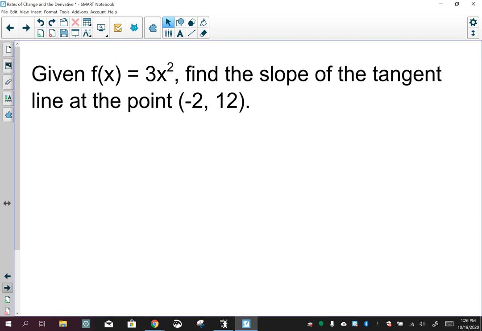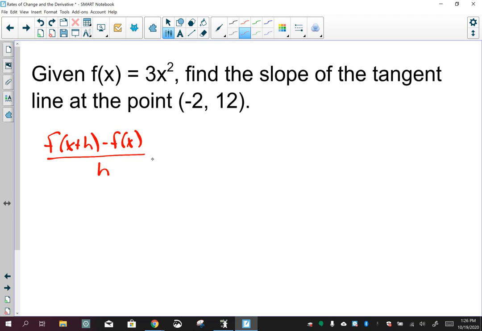Now, given f of x is equal to 3x squared, find the slope of the tangent line at that specific point. So now you don't have another point here. So you have to go and use your difference quotient. So we say f of x plus h minus f of x all over h. I'm going to do this in one big swoop so you can see what it looks like.